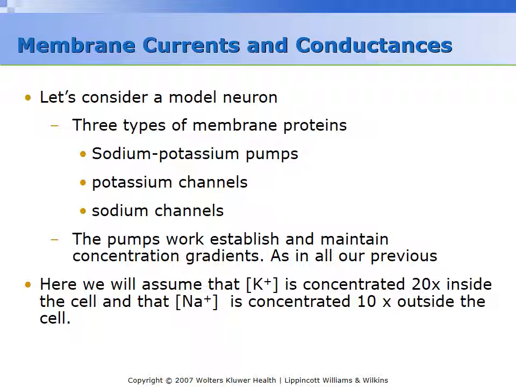Now let's consider the following scenario based on a model neuron. What do we mean by model neuron? Basically a simplified neuron which has only the channels that are of interest to us, which in this case would be the sodium and potassium channels. So what do we need? First of all, we need the mechanism that will generate the chemical gradient of these ions.